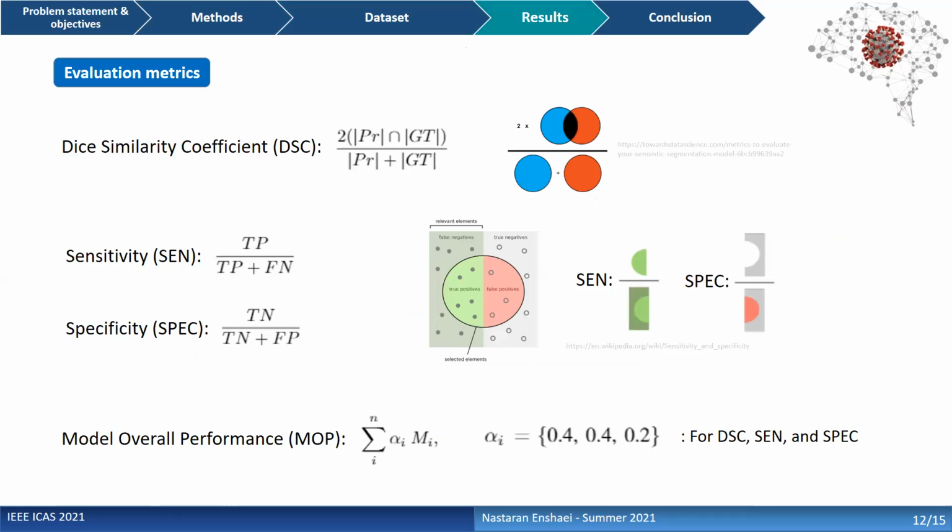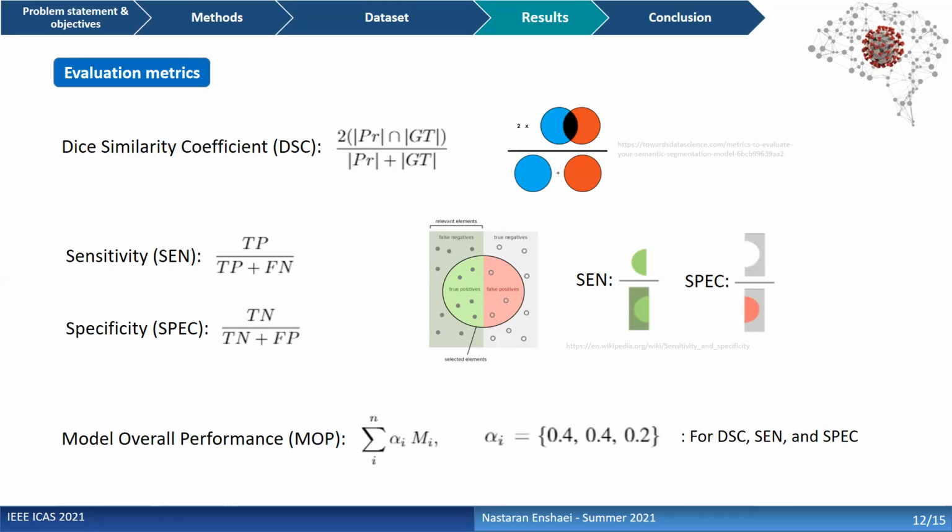The evaluation metrics we use for evaluating our model's performance are dice coefficient, sensitivity, and specificity metrics. Since we are comparing several networks based on several metrics, to measure the model's overall performance, we use a weighted average of the metrics and call it MOP here, where the weights are determined based on the importance of the evaluation metrics in our tasks.